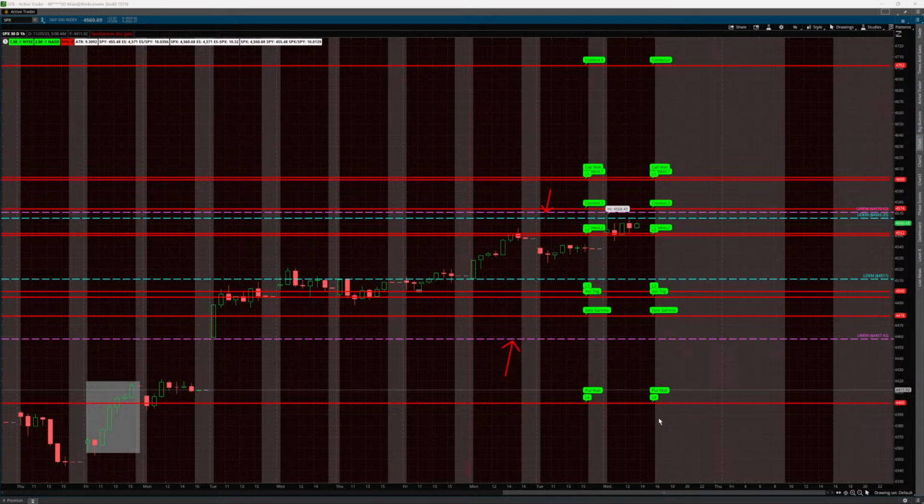That's based on the options market. That changes once a week. I update that on the weekend. Then the dashed blue lines are showing the lower and upper daily expected move, also based on the options market, that changes once a day.